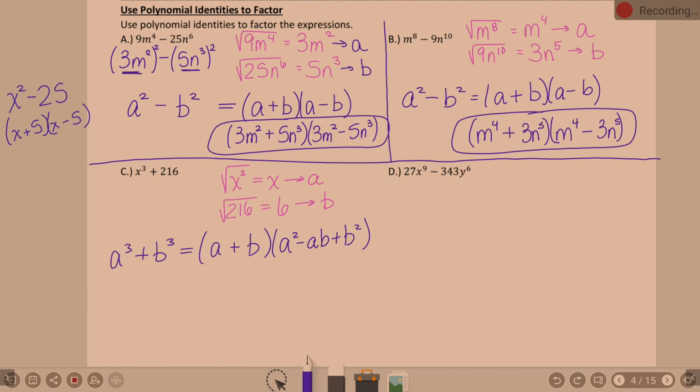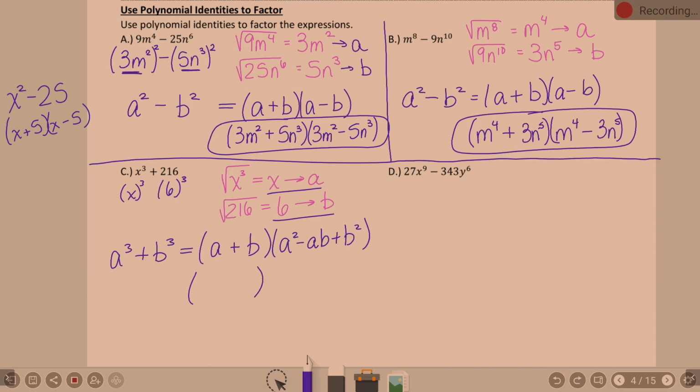And just realizing we took the cube root of each of these. This was x quantity cubed, and this was 6 quantity cubed. Okay. Every place I see an A, I'm going to make it an X. Every place I see a B, I'm going to make it a 6. Got it? Let's go. And I teach this because here's the deal.